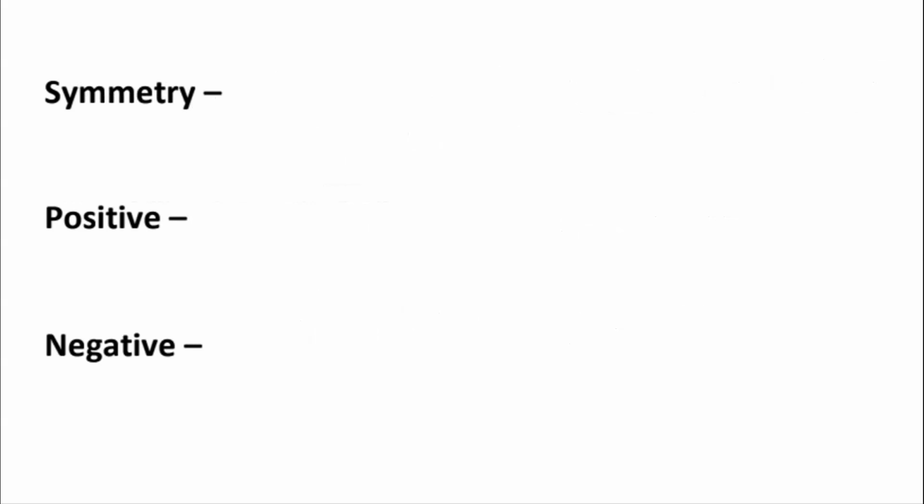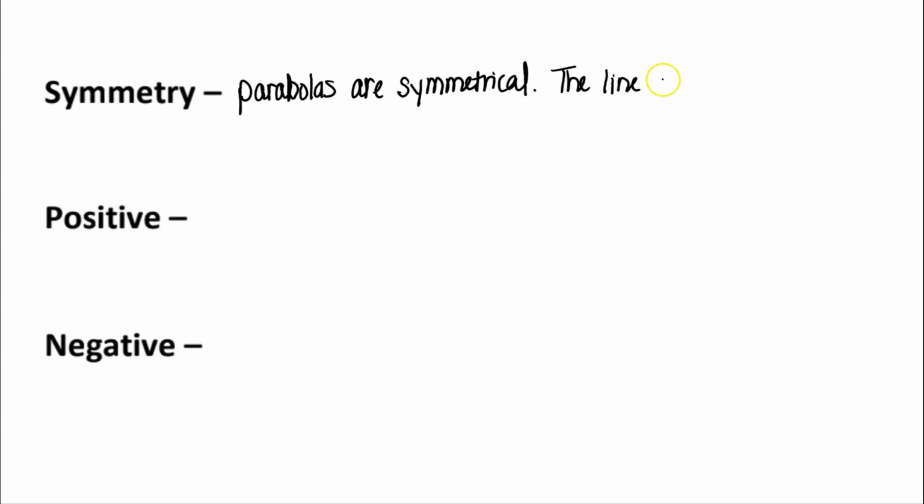All right, so now we have the next word, symmetry. Parabolas are symmetrical. The line that divides the parabola in half is the line, or axis, of symmetry.